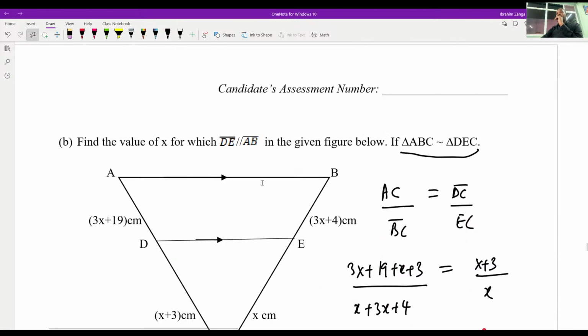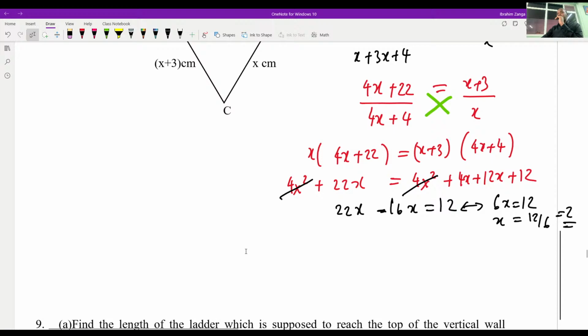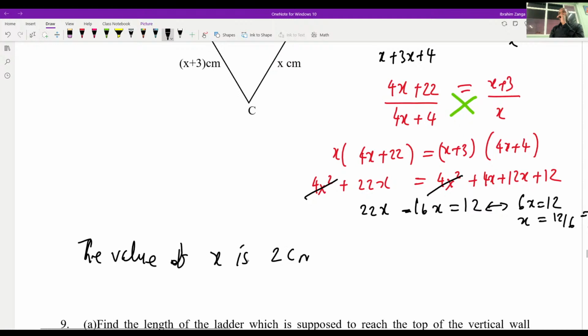So the question, find the value of x. The value of x is 2 centimeters.